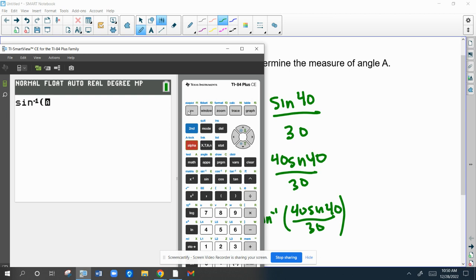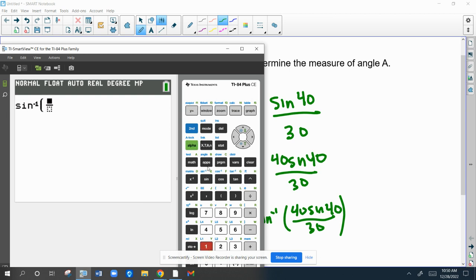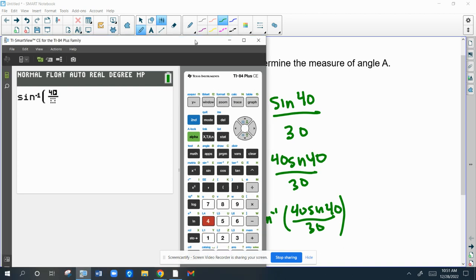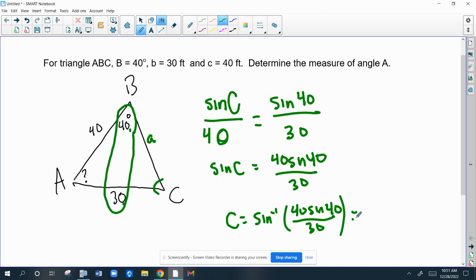I'm even going to use the fraction button so it looks exactly like our answer should look. 40 sine of 40 divided by 30. And that should give us a very precise answer. It's 58.986. Let's go with 58.99 degrees.